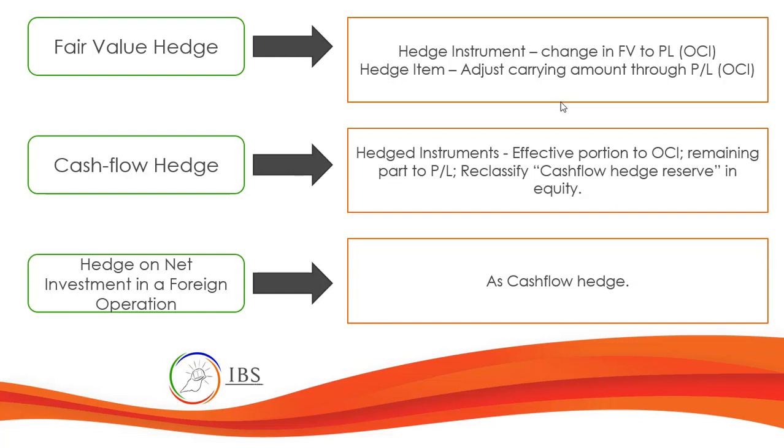Cash flow hedge, the hedge instrument, effective portion to OCI, remaining part to PL. And then you have to reclassify it, cash flow hedge reserve in equity. And then hedge on net investment in a foreign operation, that will be treated as cash flow hedge. So whatever you apply on cash flow hedge, it will be applied to the net investment hedge.